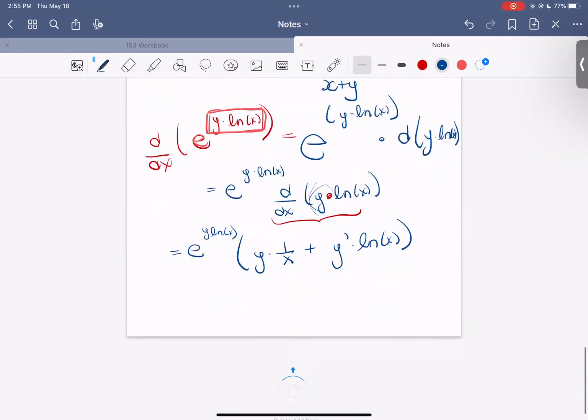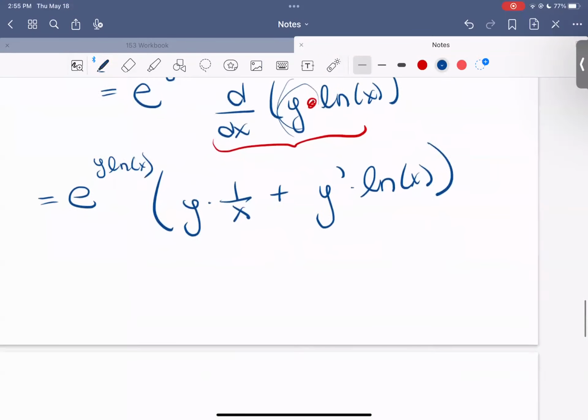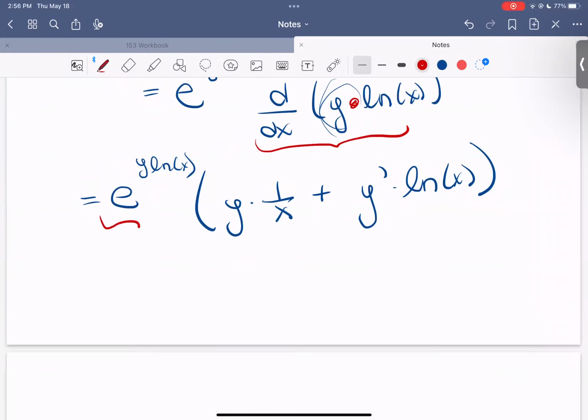So then if I wanted to clean this up a little bit, we could write the following. Here we can unpack this. Recall, e to the y times ln of x would just be equal to x to the y, because this is e to the ln of x to the y, which is just equal to x to the y. Okay, that's just some scratch work here.